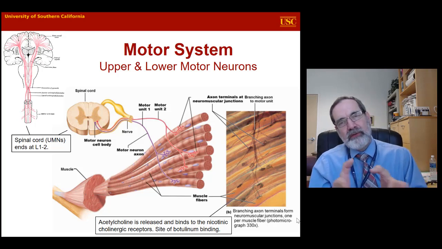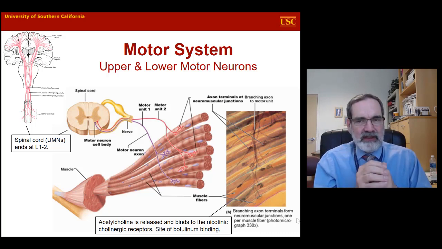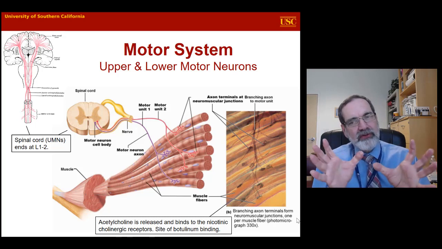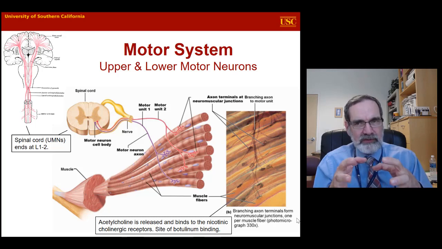Now, if we go to the very right side of the screen, there's a photomicrograph. This is a microscopic image blown up 330 times so that you can see these motor fibers and the terminals of the neurons as they connect with them. Where they connect, that's another synapse, a specialized synapse called the neuromuscular junction.